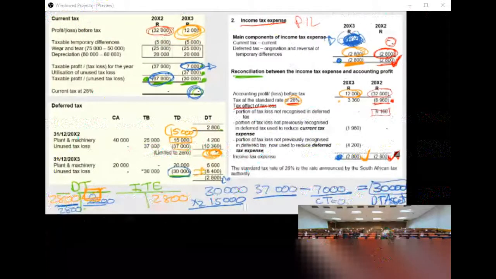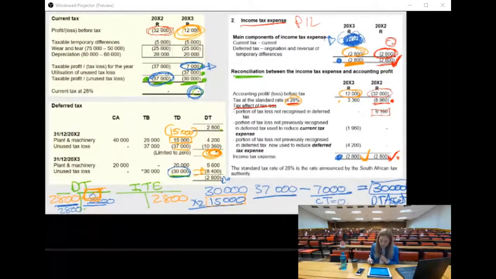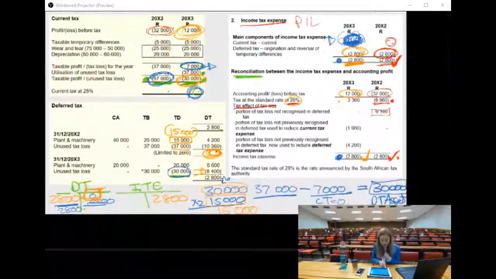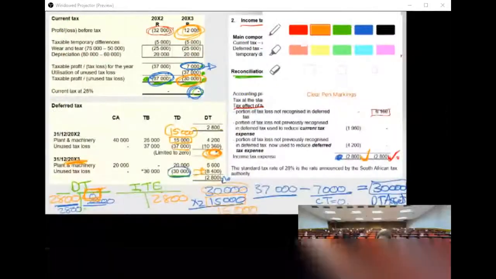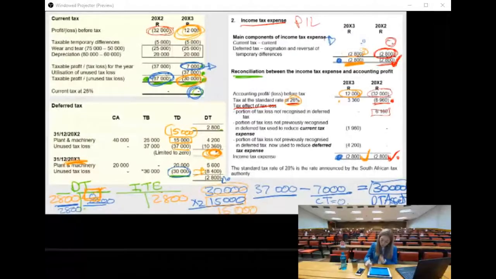So 15,000 has already been recognized in 20X2. That leaves us with 15,000 of this 30,000 unused tax loss that we are now recognizing for the first time in 20X3.